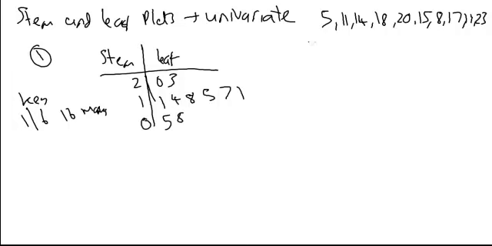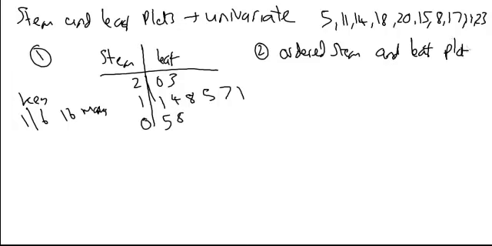A slight variant of this is the ordered stem and leaf plot. It is basically the same. I mean, you go through the same process. So you have the stem and the leaf.